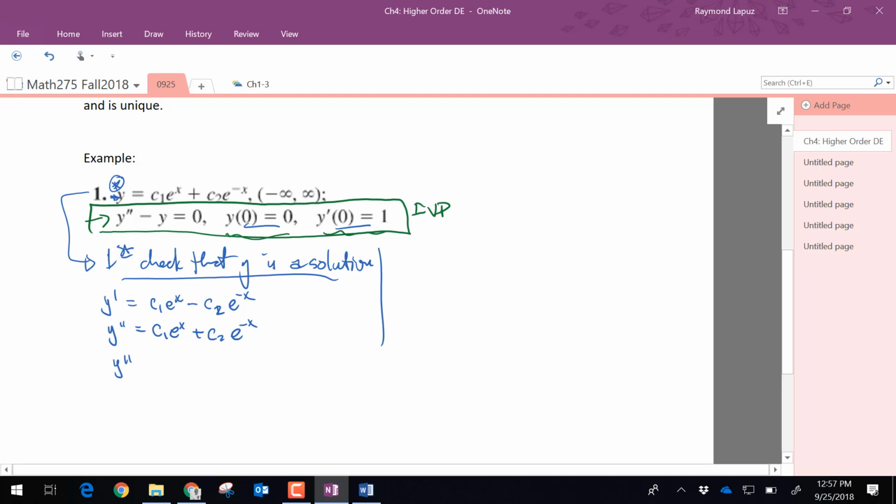So our differential equation is y double prime minus y is equal to 0. So y double prime we found out to be c1 e to the x plus c2 e to the negative x. And y is the same thing.